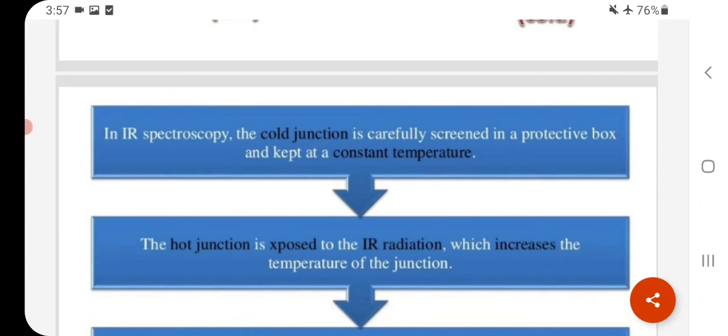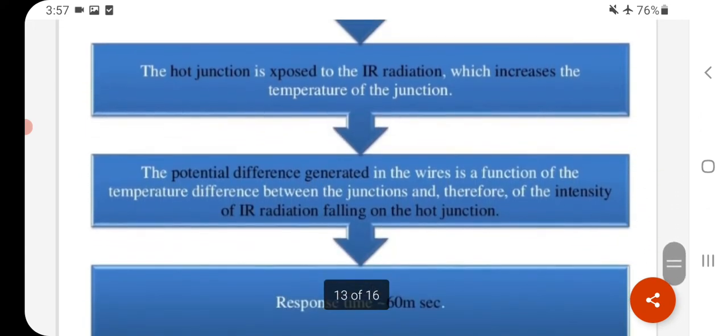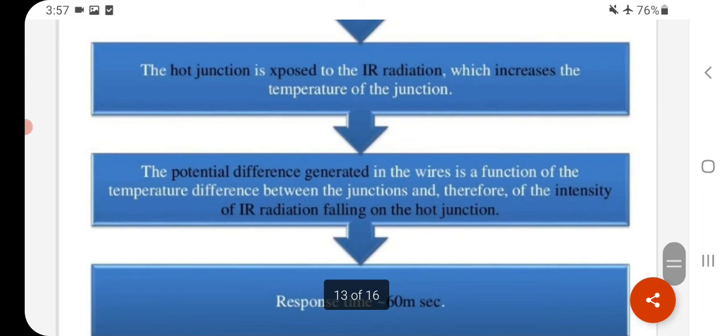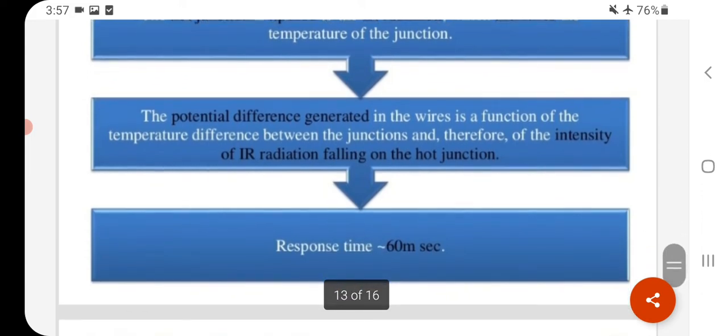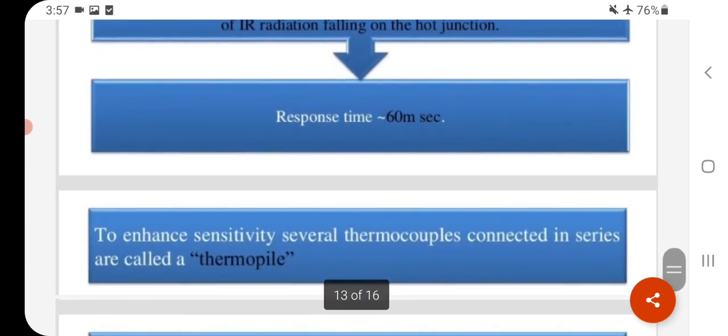The hot junction is exposed to the IR radiation, which increases its temperature. The potential difference generated in the wires is a function of the temperature difference between the junctions, and therefore of the intensity of infrared radiation falling on the hot junction. Response time is 60 milliseconds.